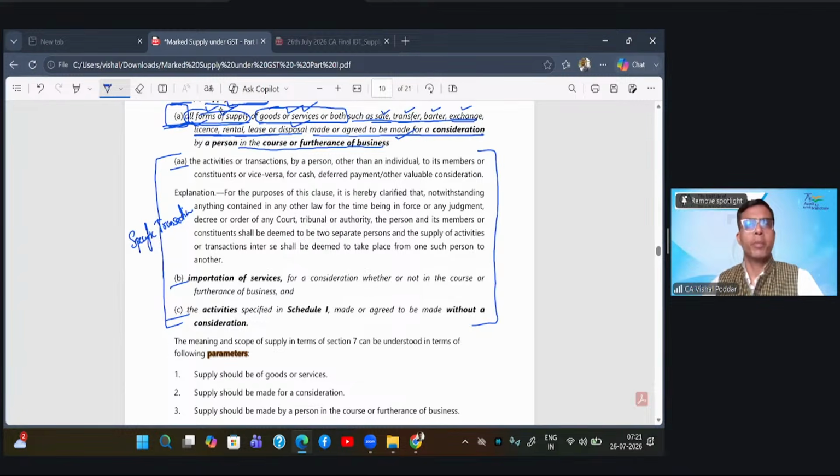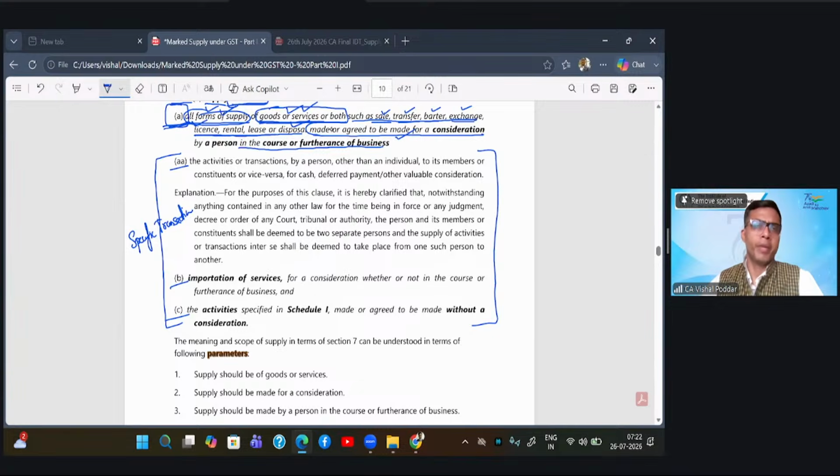So when you buy a laptop, it is sale. When you avail coaching, it is availing or getting a service. And now you have to test whether these items are goods or service or both. Obviously, prima facie, we know laptop, mobile handset, coaching, all these are goods and service. We'll go to the technical definition also. Now comes the main and most important element.